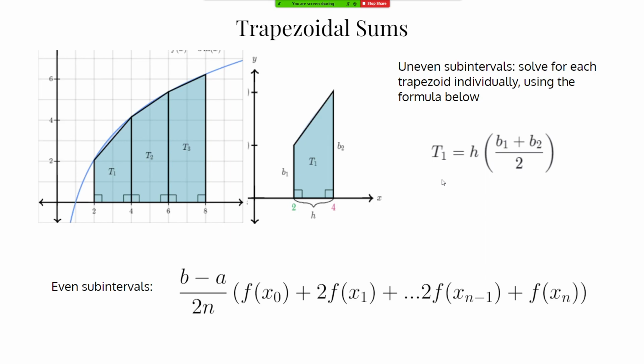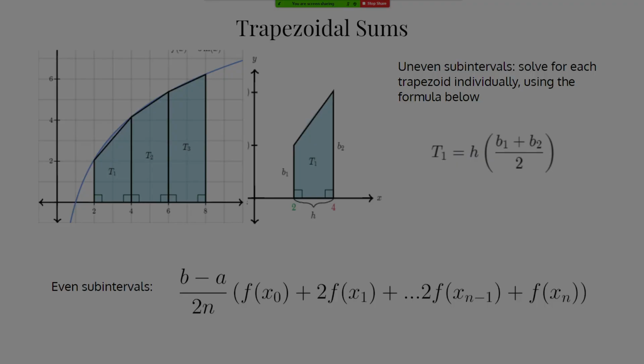Usually it's in a table, so you have to find the delta x and then just use the y values that they give you. Let me use this as an example.